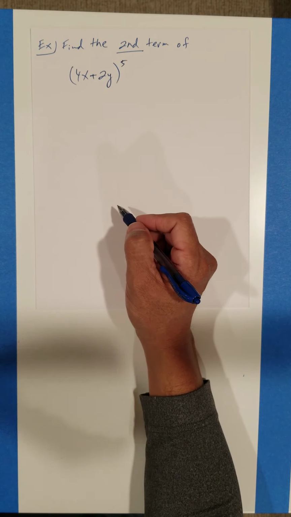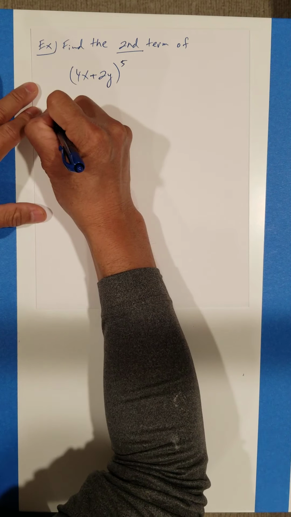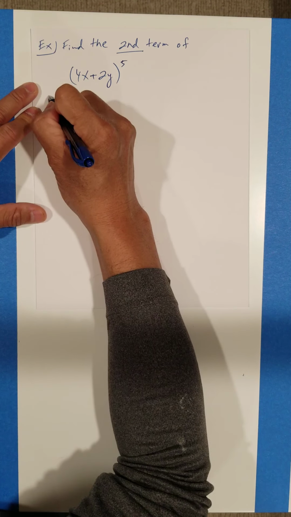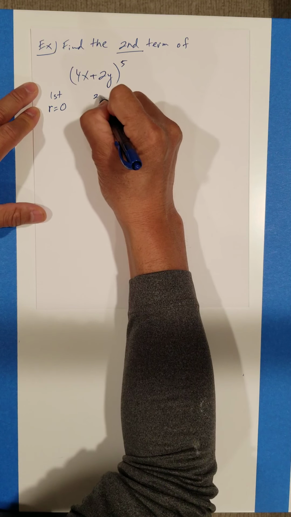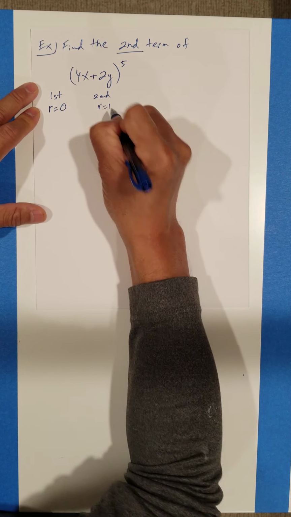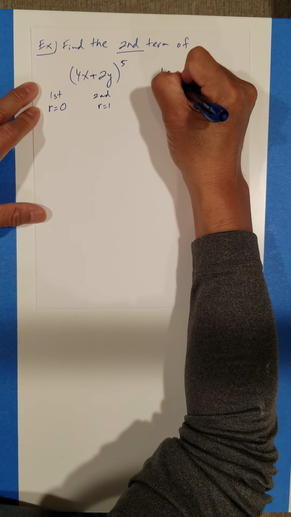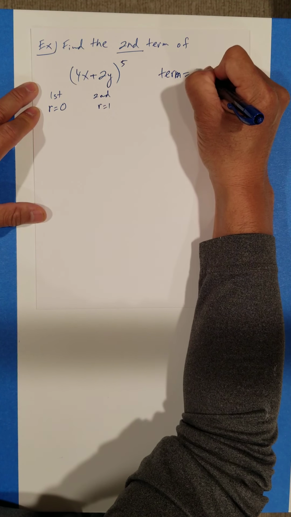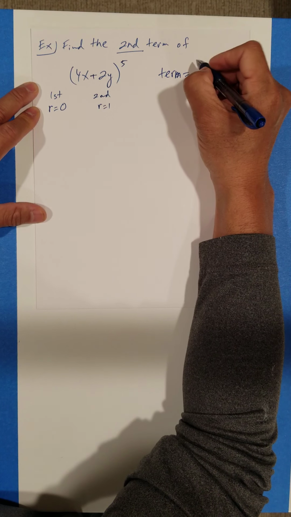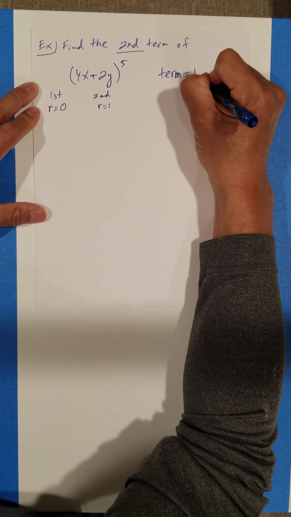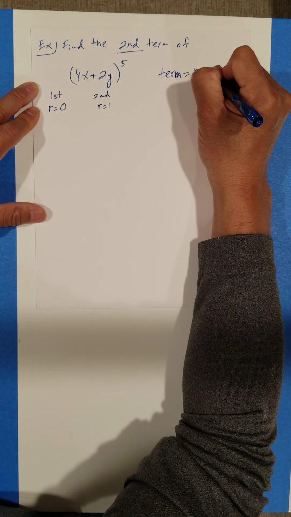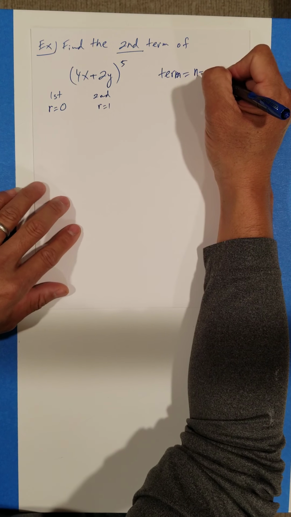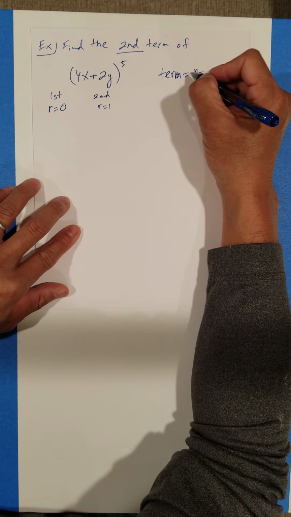Now, if you remember, my first term is r equals 0, right? My second term is r equals 1, right? So r equals term minus 1.